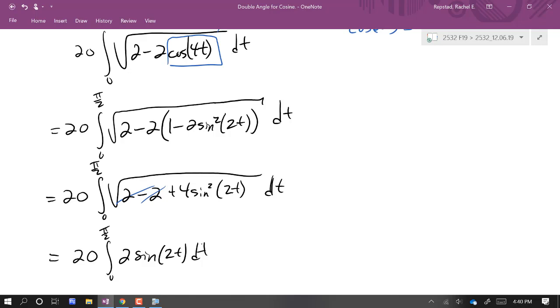So there's our sine u du, right, because we have that factor of 2. That's actually kind of nice for us. What's the integral of 2 sine of 2t?